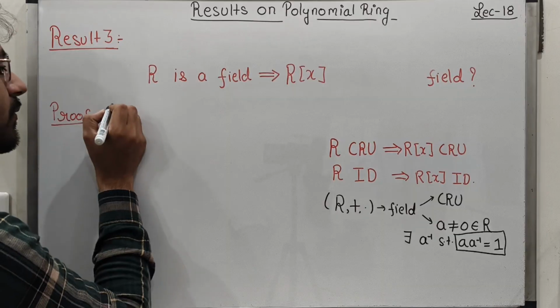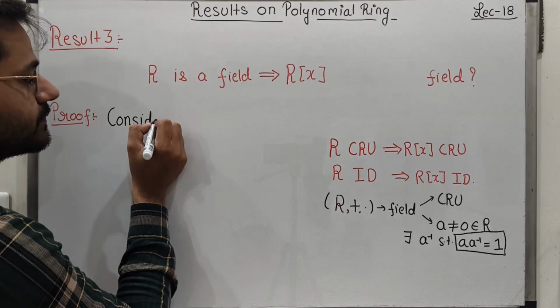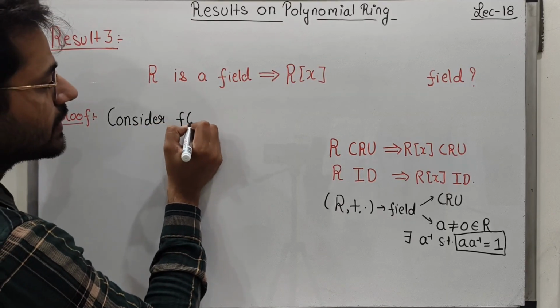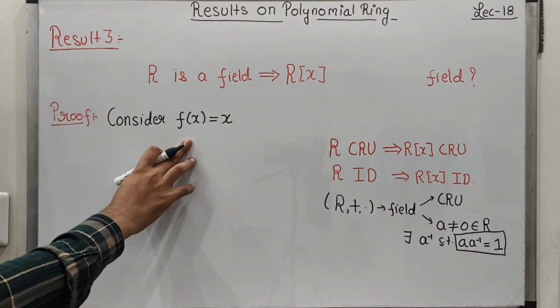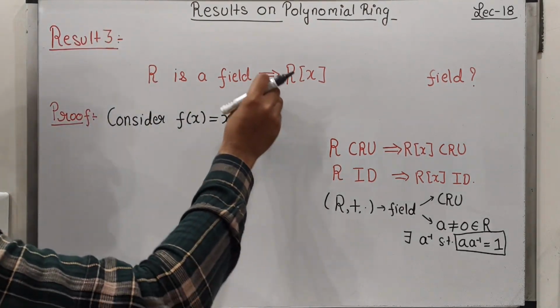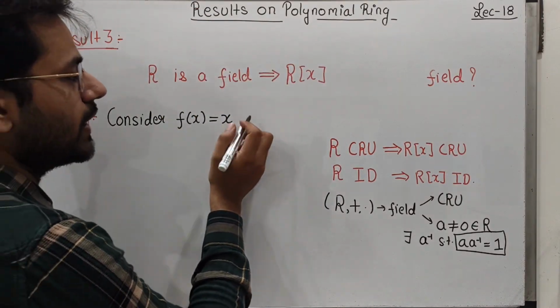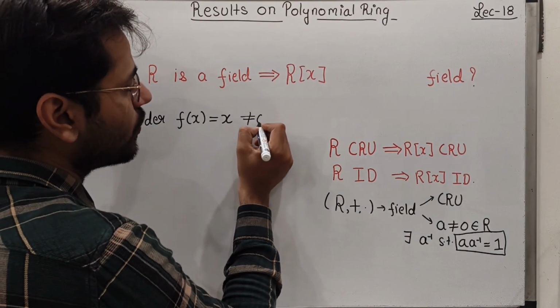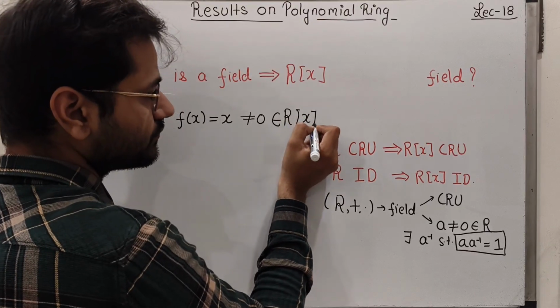The example which I am considering: consider f(x) equal to x. This is the element which is going to be present in every polynomial ring, and this is a non-zero element belonging to set R[x].